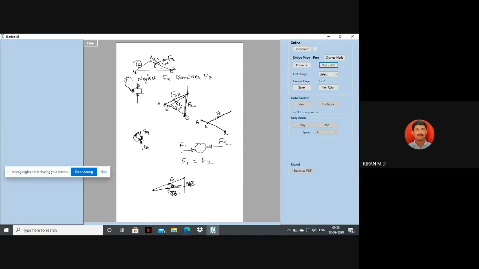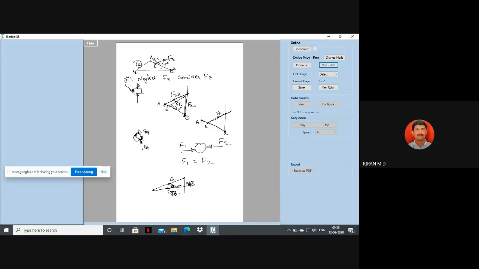Then I know the force developing from link 4, meaning the piston, that is exactly vertical. This force is F34. So again we get the intersection point.